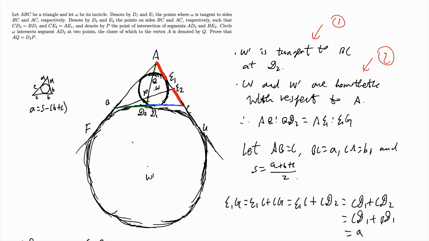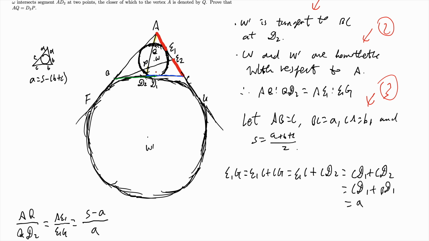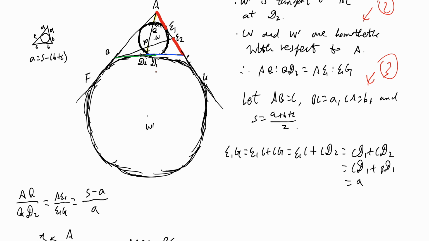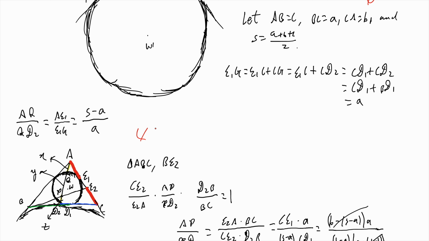So these two circles are homothetic with respect to A. And the third technique is noticing that AE could be written as S minus A. That was something new to me, but I think most of us know it. And the fourth one is, I don't know how, but we have to use Menelaus here.